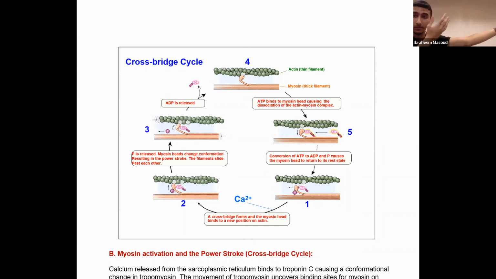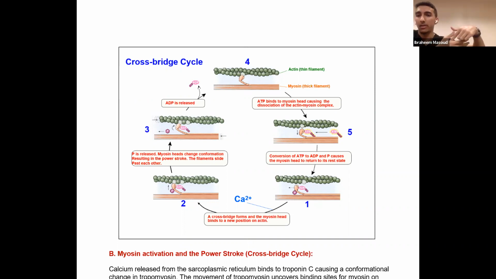Myosin is bound to ATP. Now, when ATP is bound to myosin, it stops the contraction, right? See the last step here, which is step 5. When ATP binds to myosin, it stops the contraction. Now let's start. I want to show you how contraction happens. It's very important, and I'll tell you why after I say this step. Myosin is here, and it has ATP.